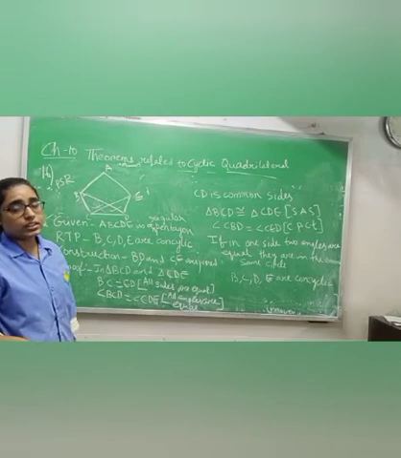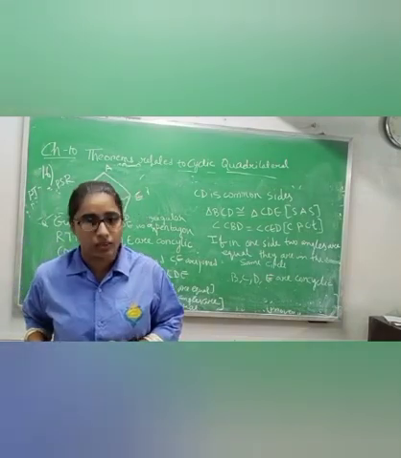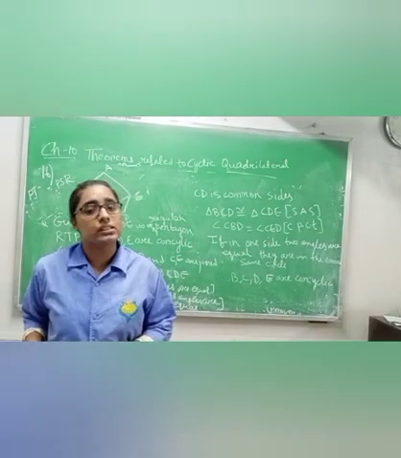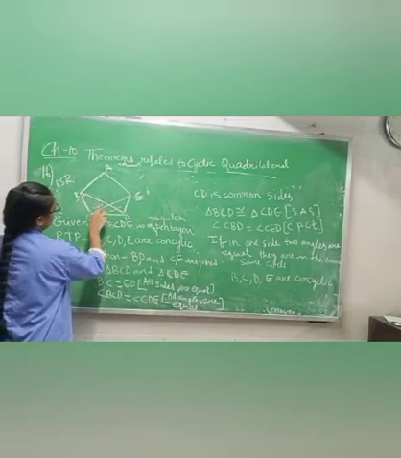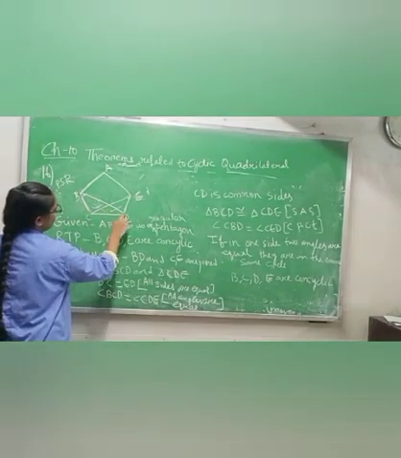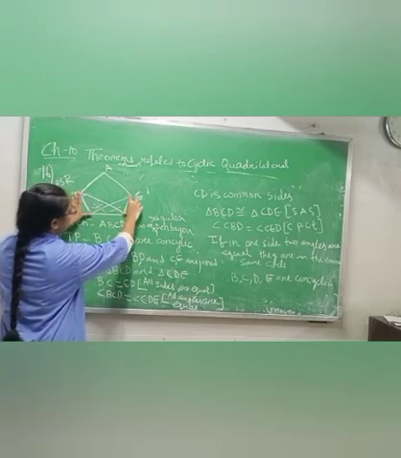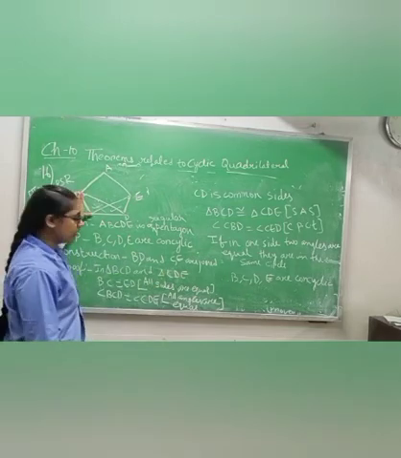Because we know in a pentagon all sides are equal as well as all angles are equal. That is why when I am taking triangle BCD and triangle CDE, BC and ED are both equal because all sides are equal in a pentagon.